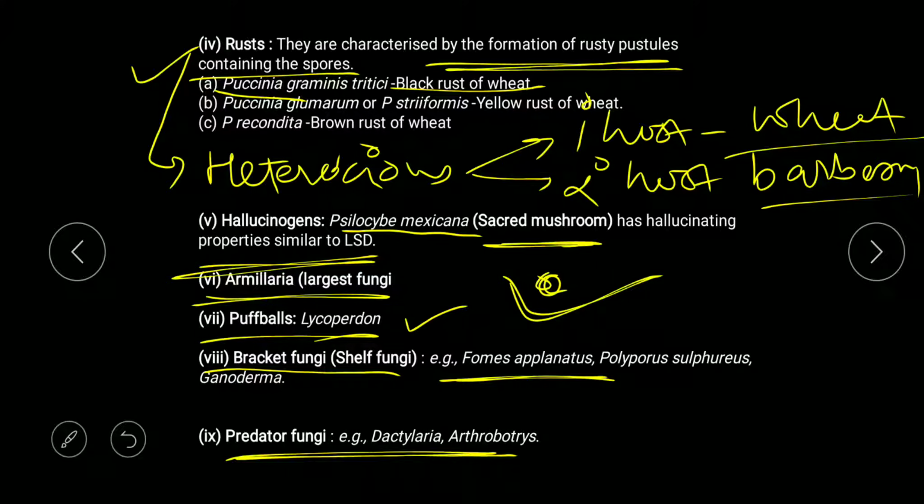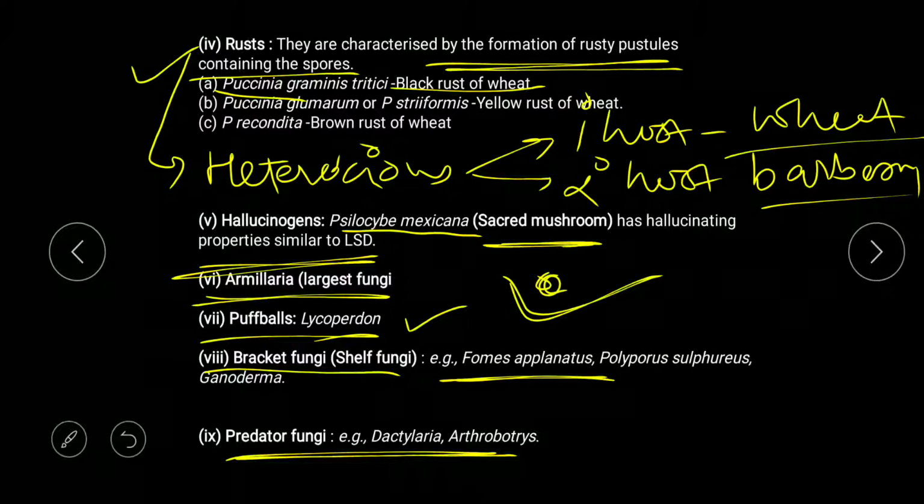So now we should compare the Basidiomycetes with the previous Ascomycetes. In Ascomycetes there was asexual reproduction by conidia, sexual reproduction in which ascospores are produced, the dikaryophase was short-lived, and ascospores are produced endogenously. But in Basidiomycetes, asexual spores are not known. In sexual reproduction the dikaryophase is long-lived.